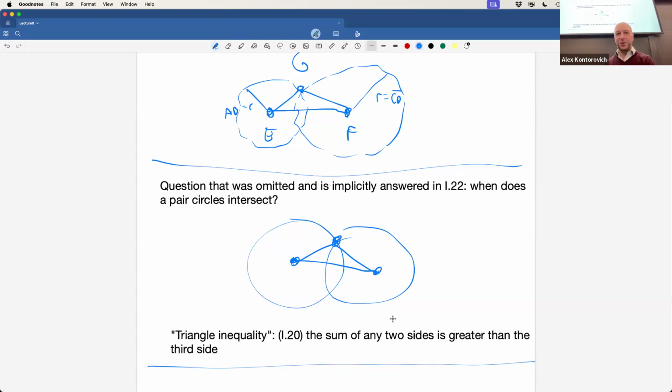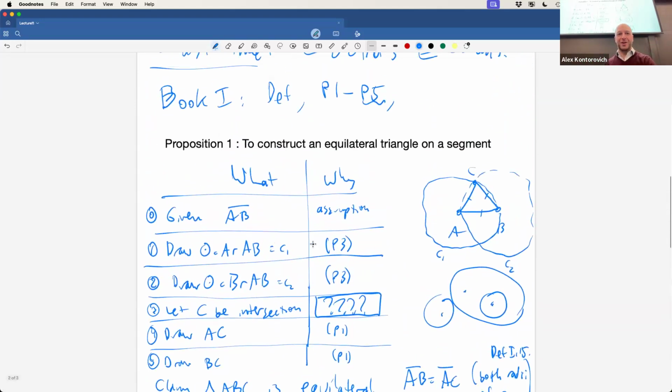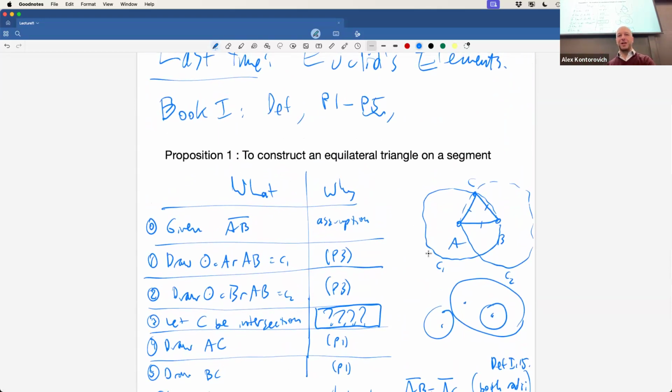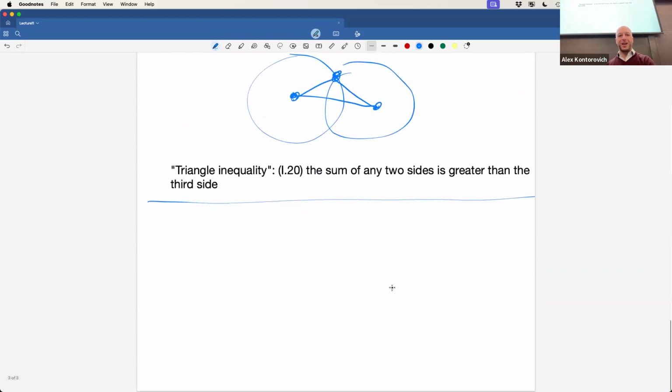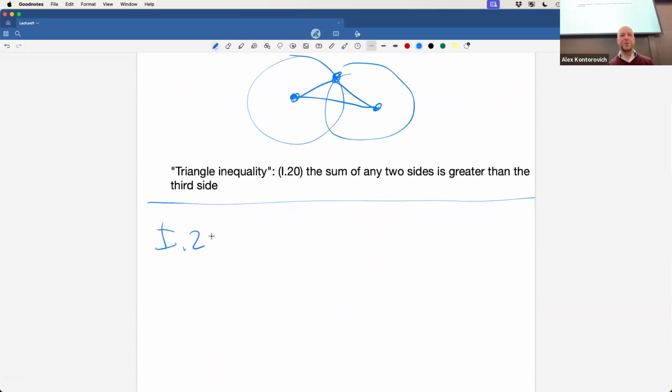Okay, I2. Let me tell you what I2 is. So I1 is constructing an equilateral triangle. I2 is, and this is how we know that the compass in Euclid's mind is a collapsing compass. The second you lift it up off the ground, it falls apart. So I2 is that you can pretend it doesn't, that the collapsing compass is just as good as a compass that can be locked.